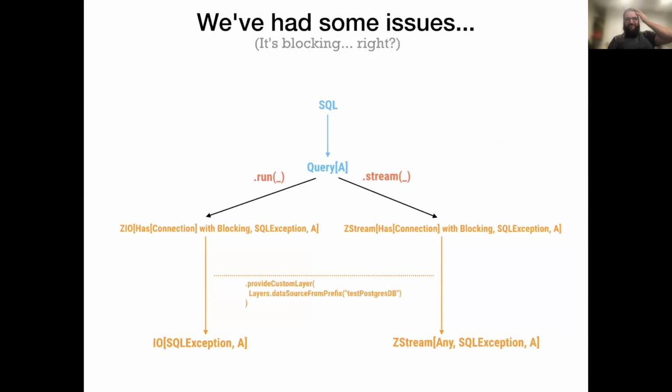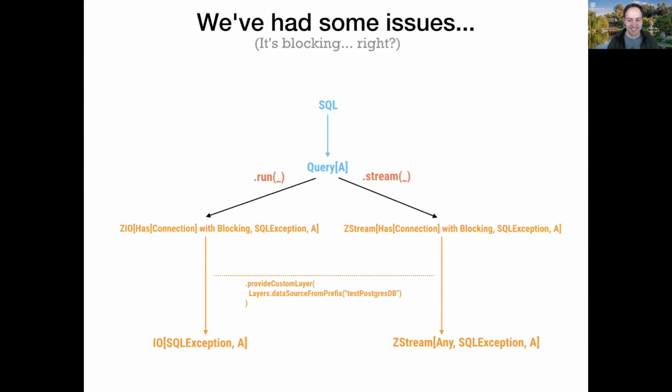Originally, it wasn't this, it was this. And the idea was, well, we need to indicate that this is a blocking API and that it needs to be a connection. And then we said, okay, we could use layers to try and make this nicer, and we can provide a layer constructed from a prefix, but the problem was that this constructor would construct the entire Hikari pool each time, and that was a problem.